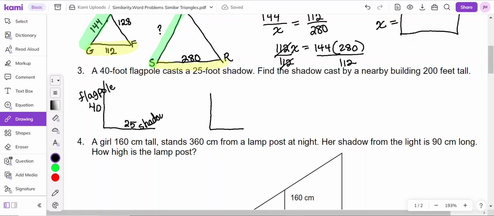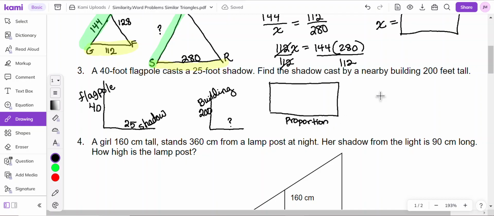So on the test, you're going to have to come up with your own drawing. Are we clear? So I'm going to be looking for 2 boxes.